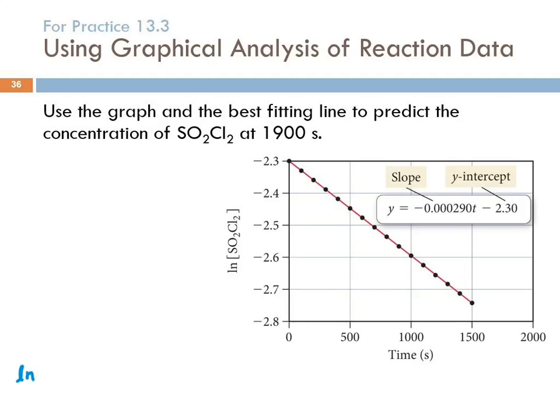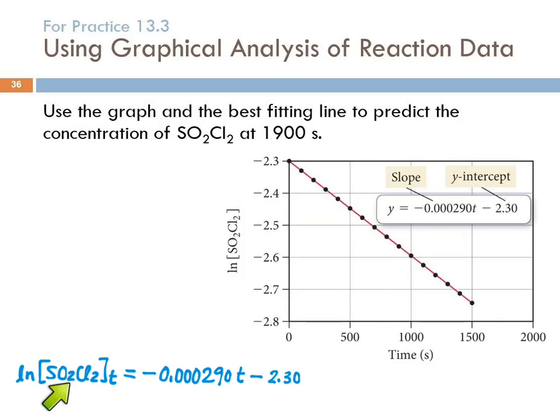Let's just remind ourselves of the equation: natural log of the concentration equals negative 0.000290 times t minus 2.30.